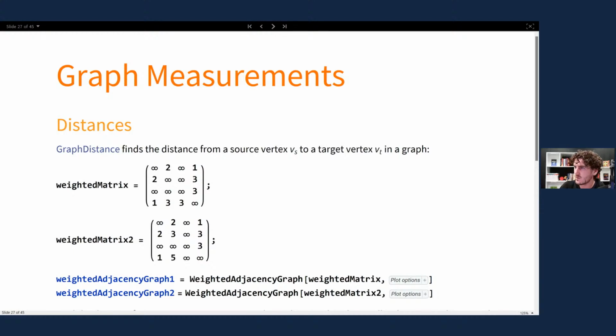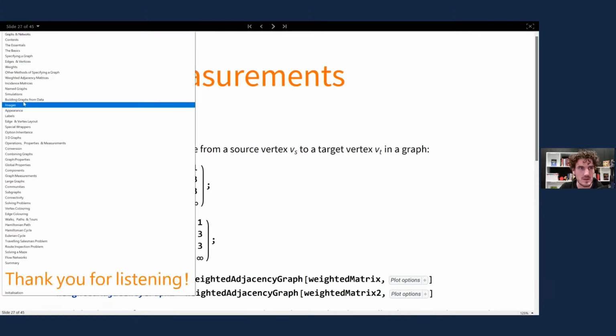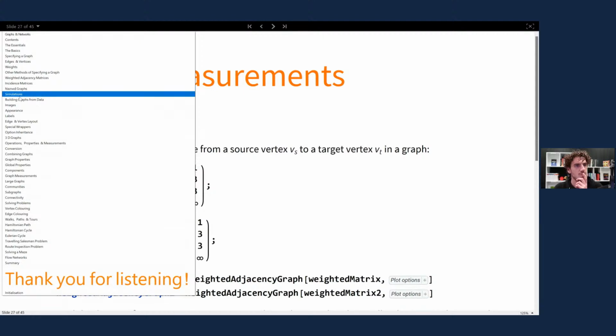Georgios has asked, is there a way to produce random graphs that follow a certain distribution, e.g. Erdos-Rényi graphs? Yes, there is. Maybe I skipped by this a bit too quickly, but it's here somewhere.